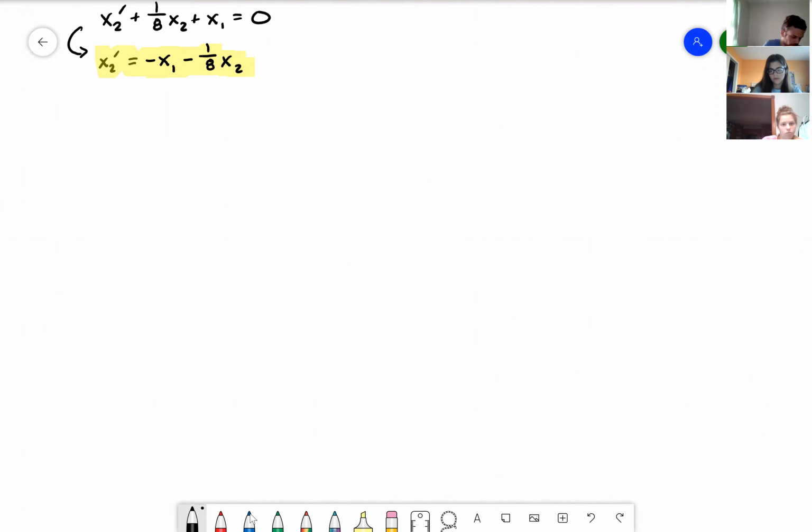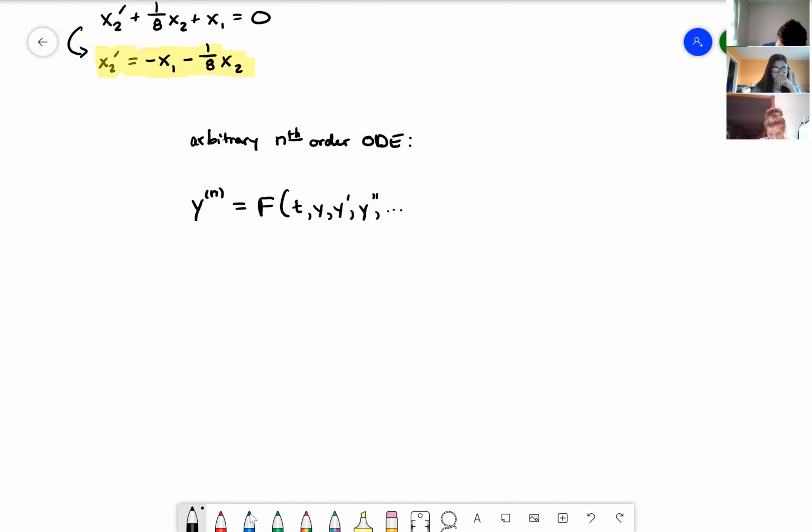This actually works in general for any higher order ODE. So let's say we had the arbitrary nth order ODE, the nth derivative of y equal to some big function of everything else: t, y, y prime, y double prime, all the way up to the n minus 1th derivative of y.